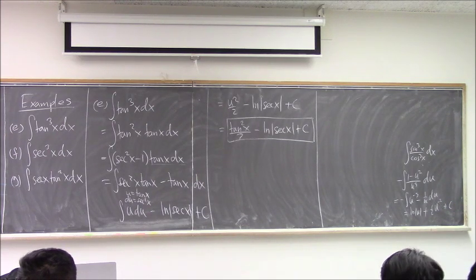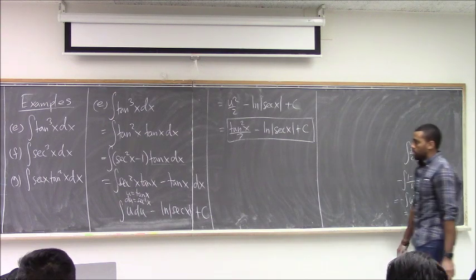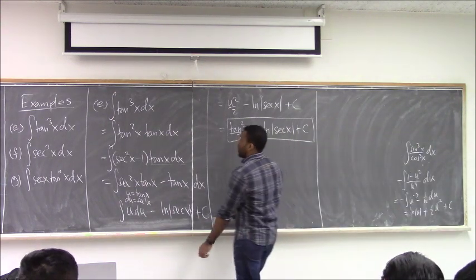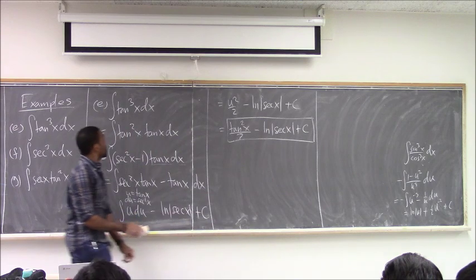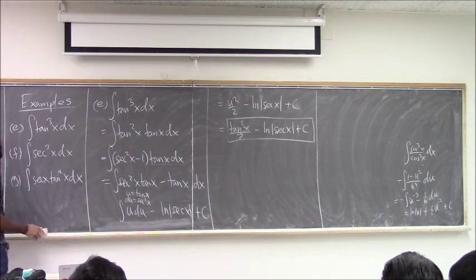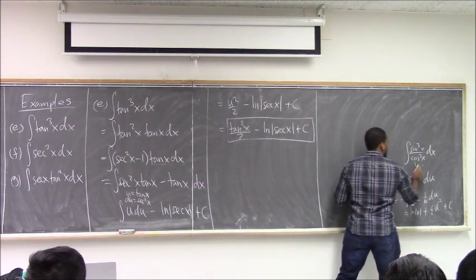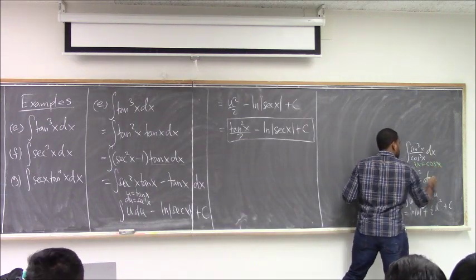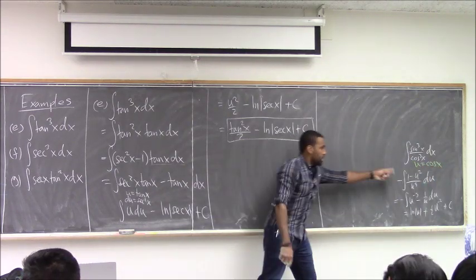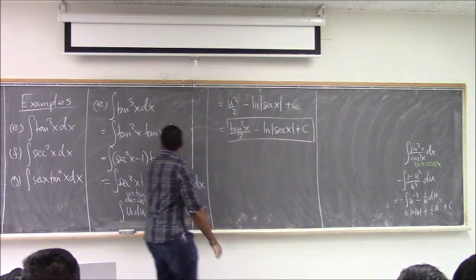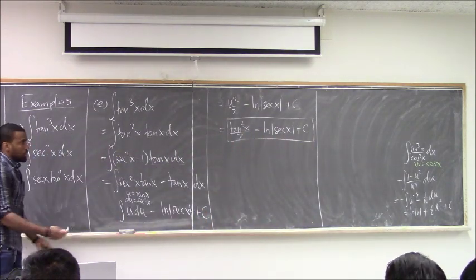Yep, so that's also valid. The suggestion here was a u equals cosine x substitution. You'll get this after you plug everything in. So that's another way to do it.